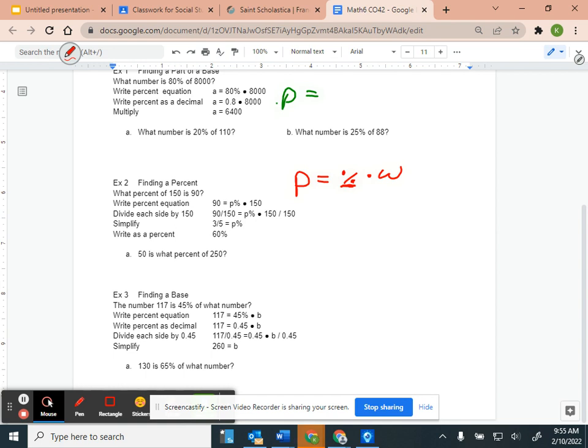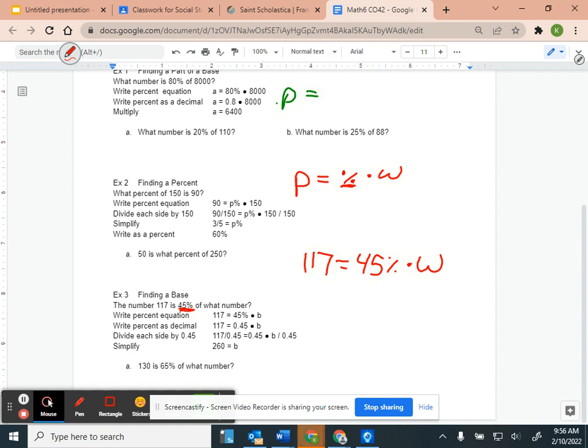This time they're saying the number 117 is 45% of what number? So that 117 is our part, equals percent. We know it's 45% of what whole? We're looking for that whole number. Of what number? That's the whole.